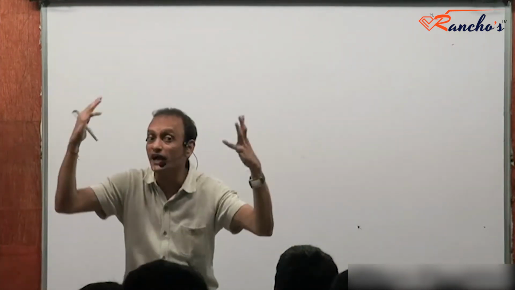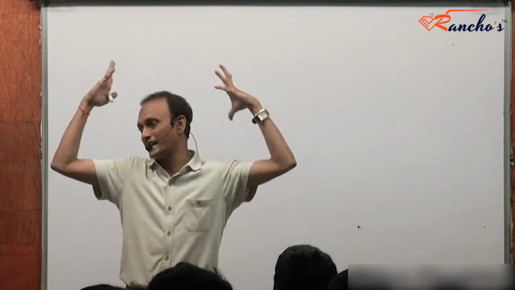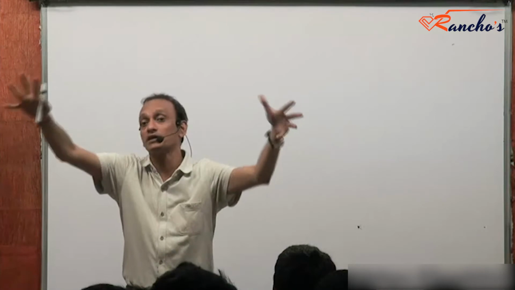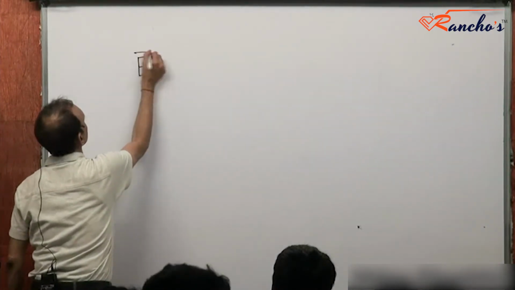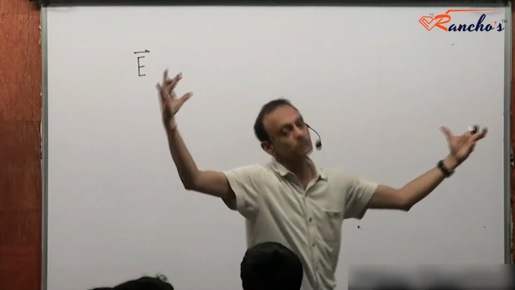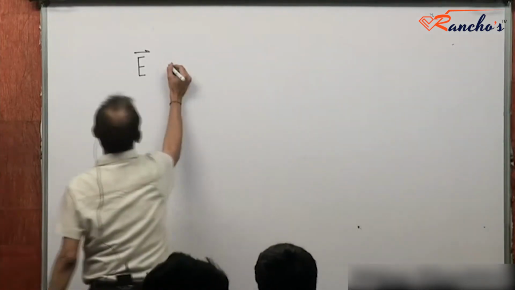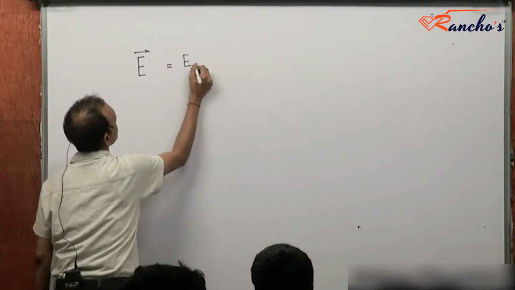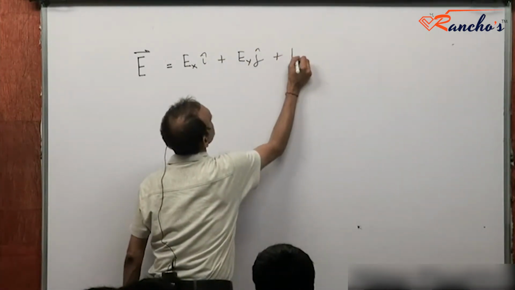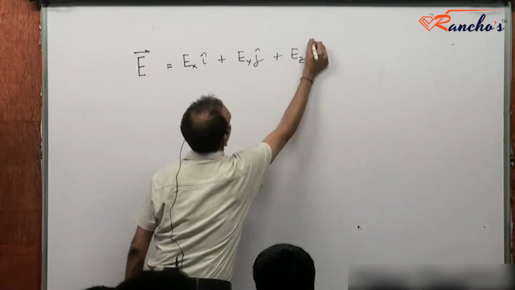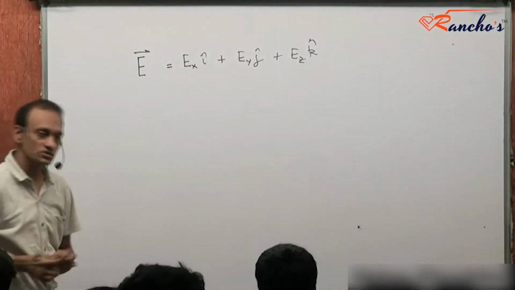Now, in a very general sense, depending on what kind of a collection of charges has produced an electric field, in a very general sense, the electric field vector produced by a certain charge distribution in general will have an x component, a y component, and a z component. In a very general sense, this is what it's going to be.